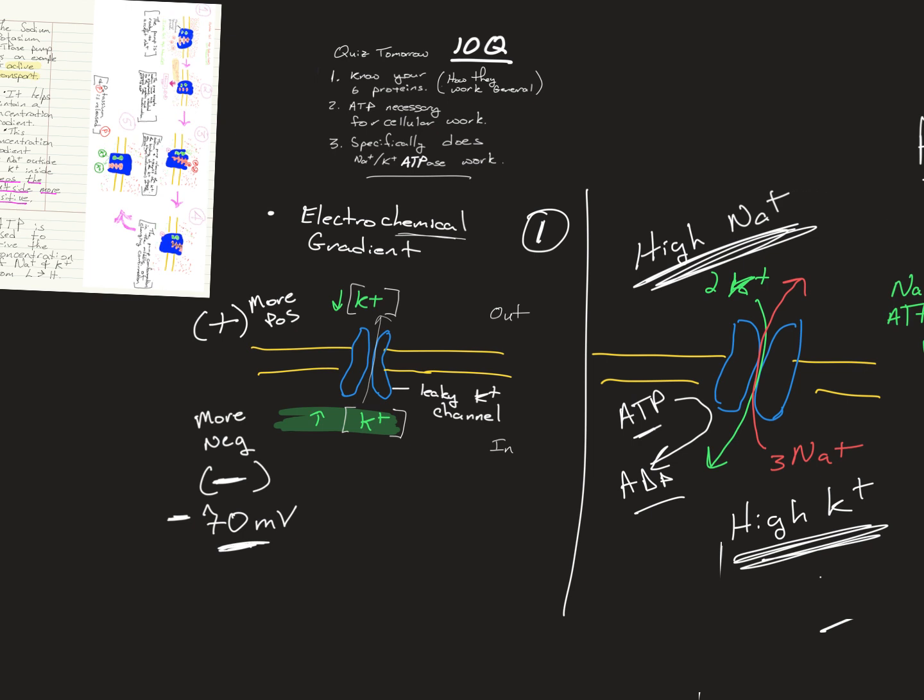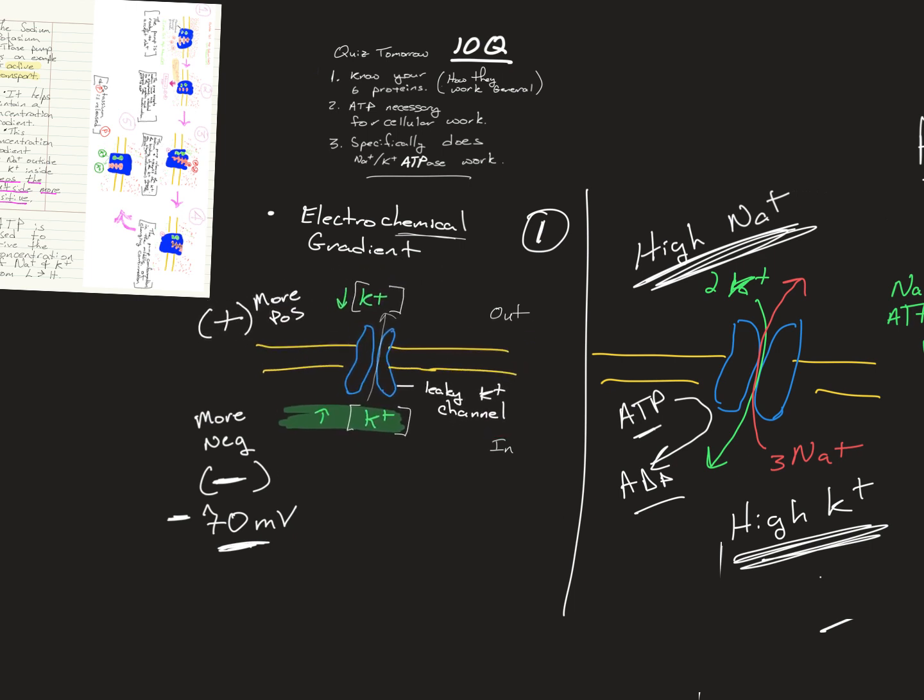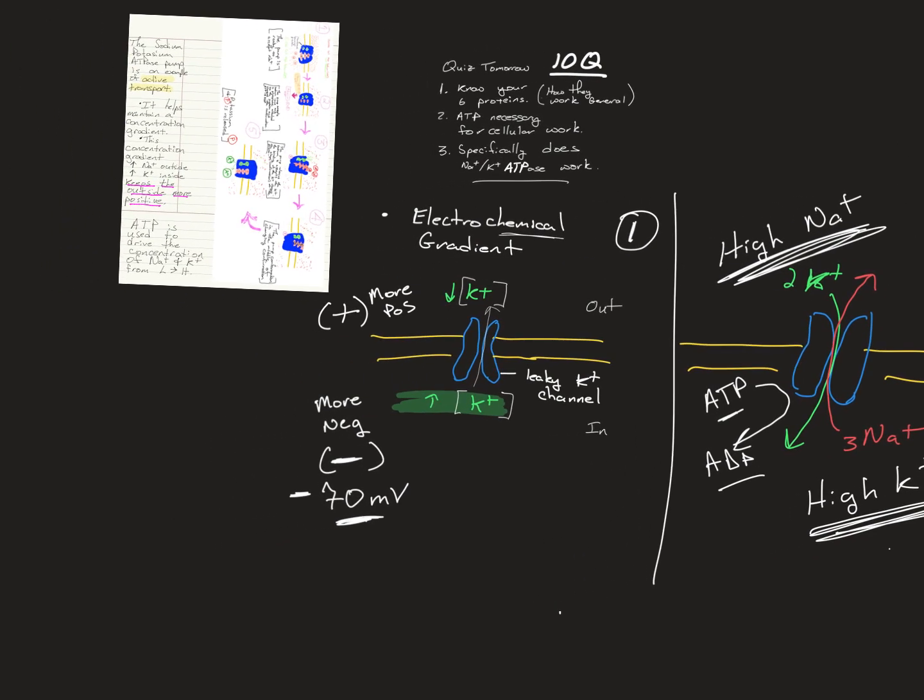So the question I was trying to get to is that the concentration gradient, the chemical gradient, is allowing the potassium to go out. What's this negative doing on this potassium? It's pulling it back in. So these two forces: the concentration of potassium is saying it needs to leave, it's moving out, while the overall charge on the inside of the membrane is negative, pulling on the potassium. So there's two directions.